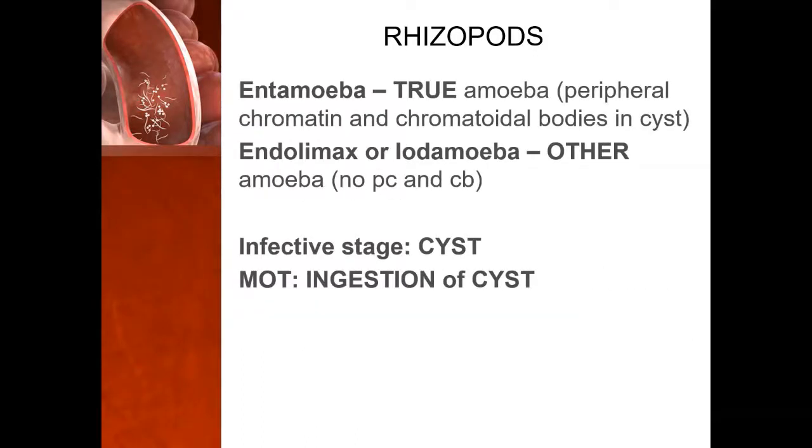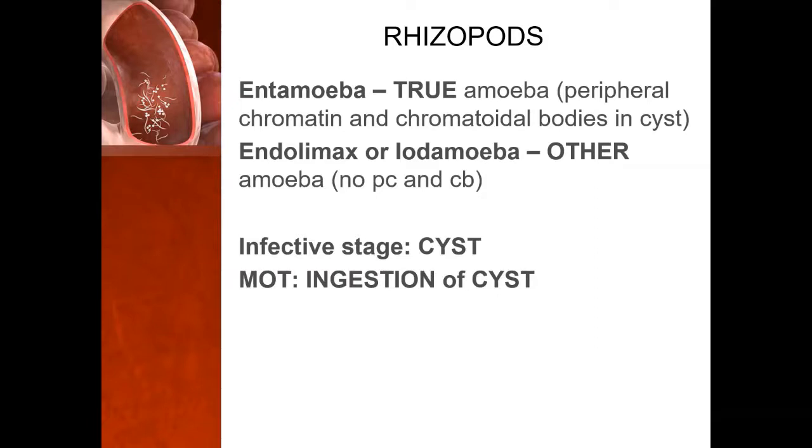Next, rhizopods, we have the Entamoeba, meaning these are your true amoeba because they have the peripheral chromatin and chromatoidal bodies in their cyst. Please take note of that. All Entamoeba species are true amoeba because they have the PC and the CB.